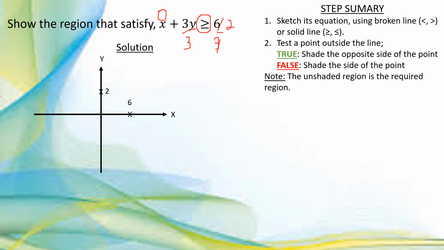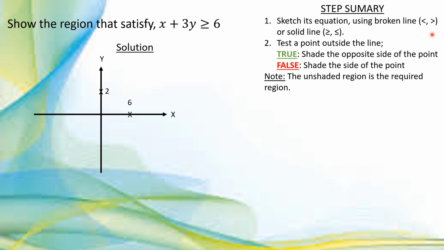That's why we have a 2 here. On the other hand, when y is 0, it's obvious that x equals 6. So that's why we have those two points over here. Then we join them with a line.